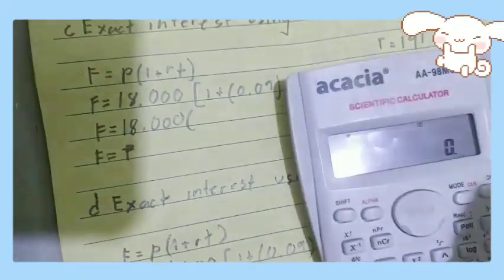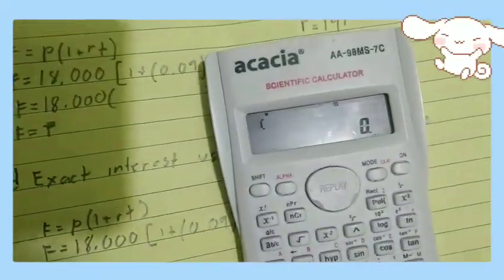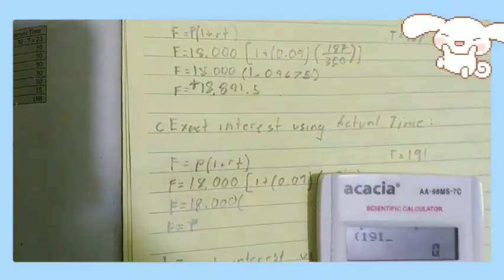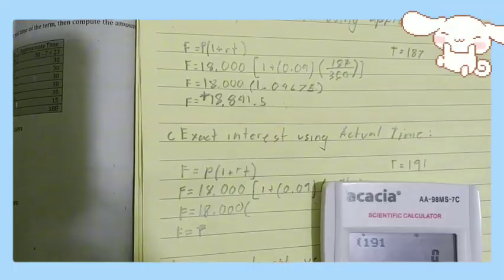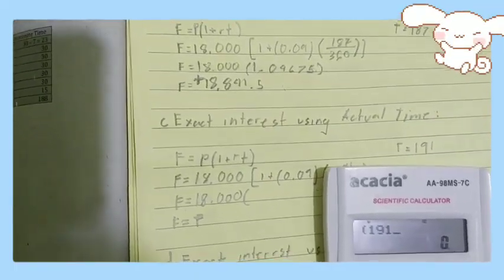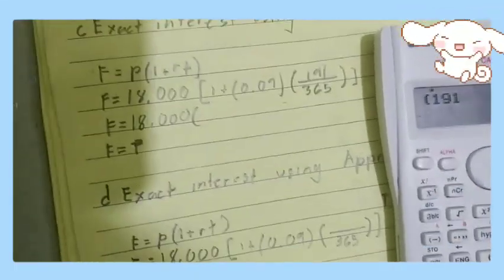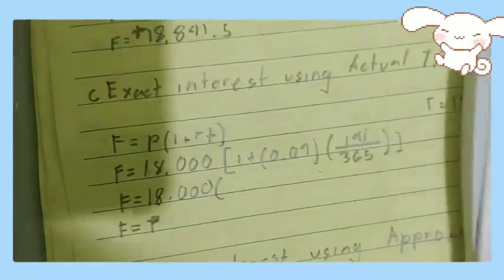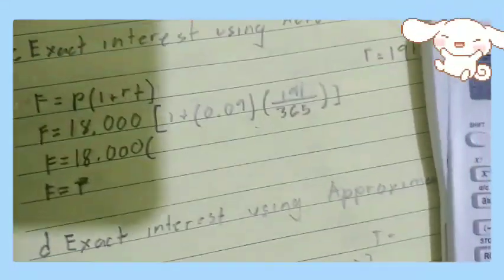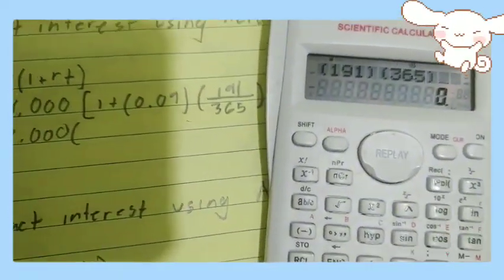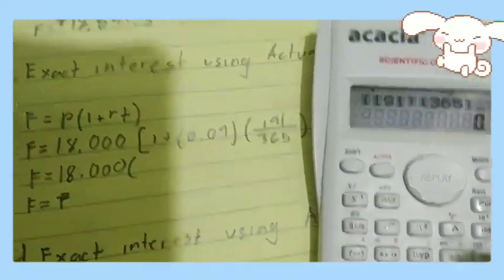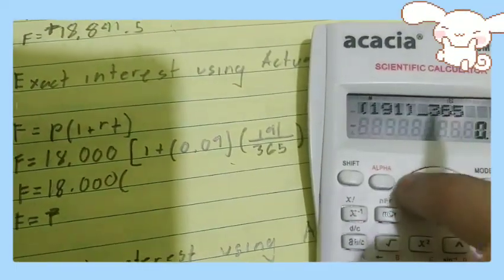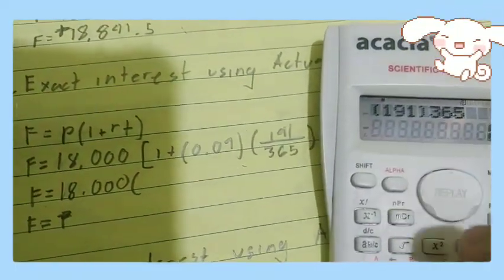Close parenthesis. Solve it again. 191 over 365 because we're using exact interest. Oh, sorry, wrong. There's no close or open parenthesis. We're just going to divide them.